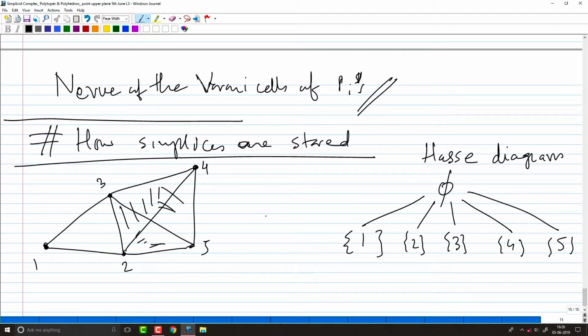What are the edges present? 1, 2 is present, right. So, 1, 2 will be present. You also have 2, 3. The Hasse diagram is the subset relation. This is how it is stored. You can go down level by level and store it.